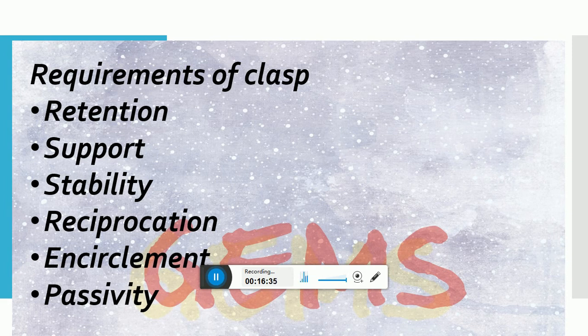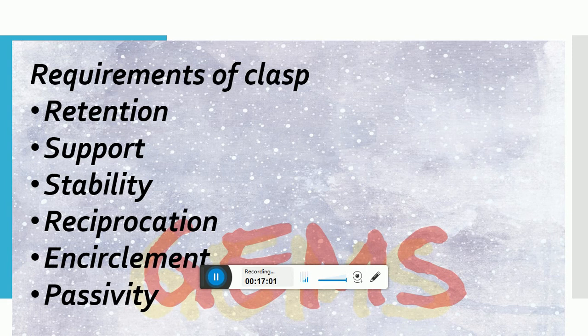Next is encirclement. Encirclement is the characteristic of the clasp assembly that prevents movement of the abutment away from the associated clasp assembly. Basically in MCQs, they can give you one definition and ask what it is.